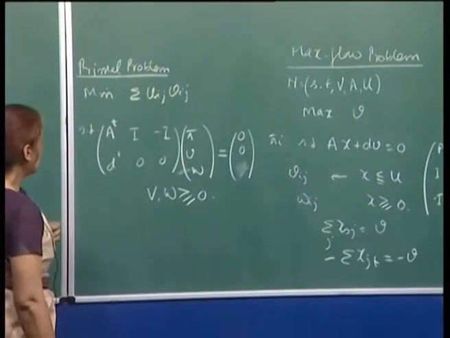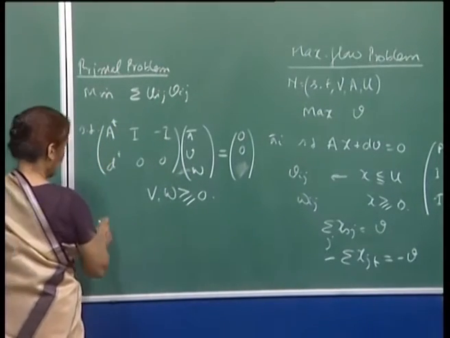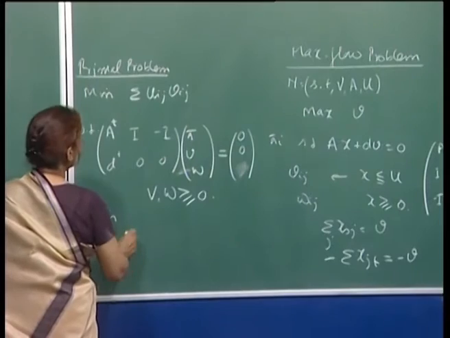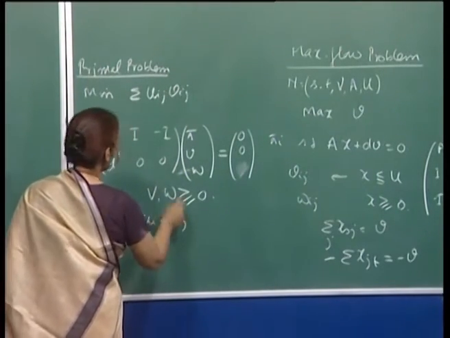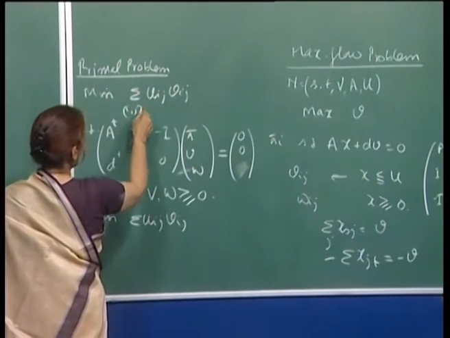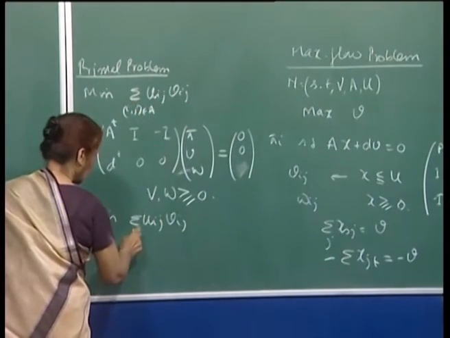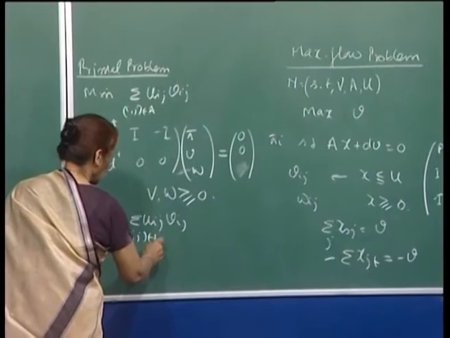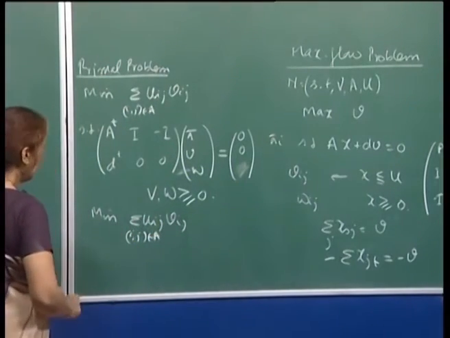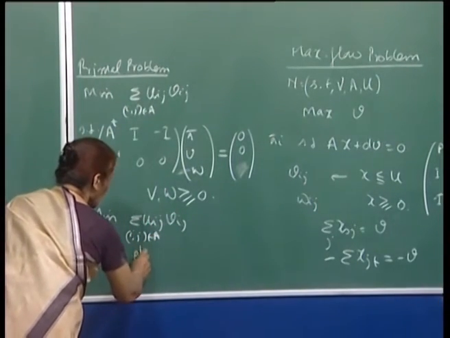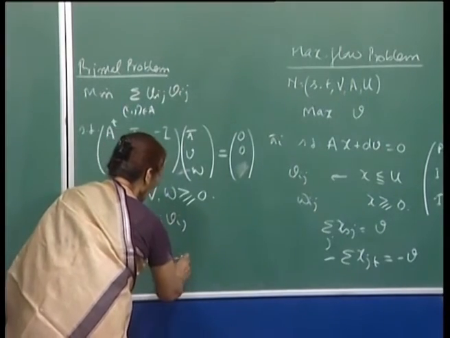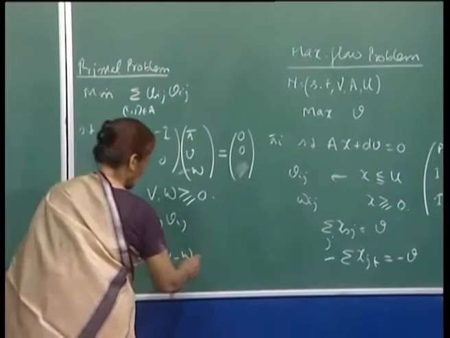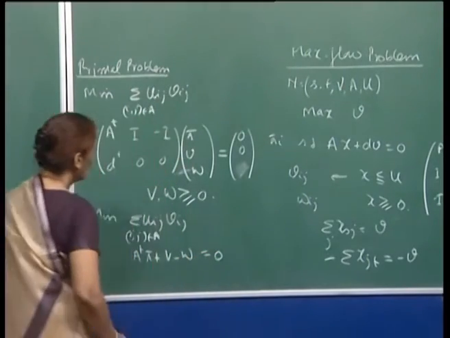Okay, fine. So this actually becomes minimize summation u_ij v_ij. I should have said ij belonging to A. So this is also ij belonging to A, and this becomes A transpose pi plus V minus W equal to 0.